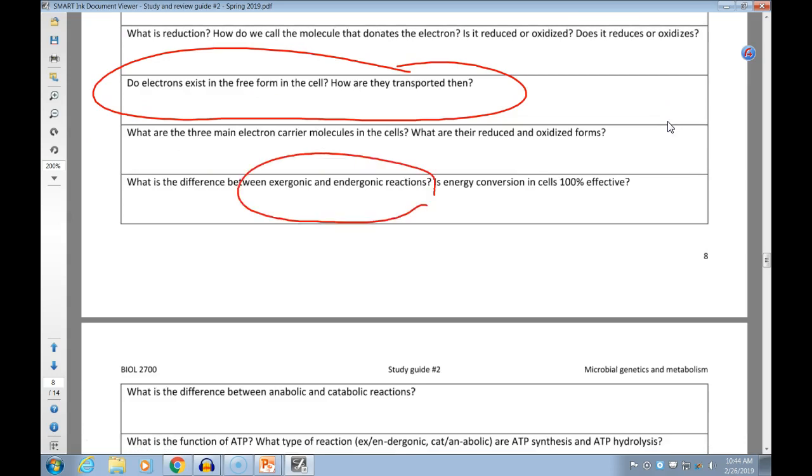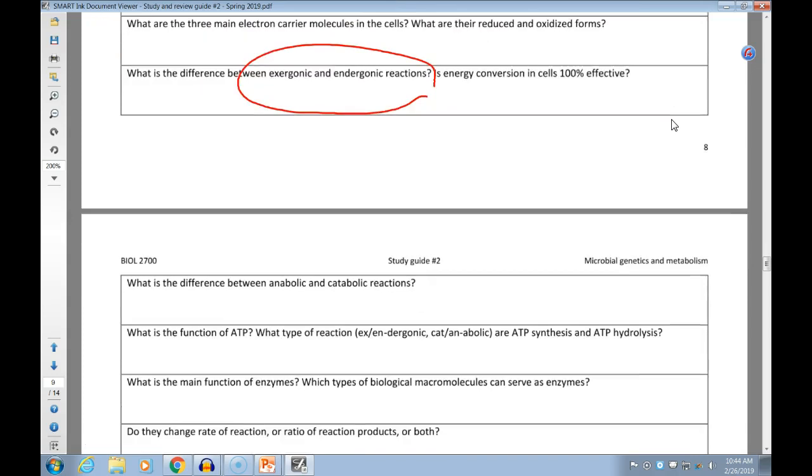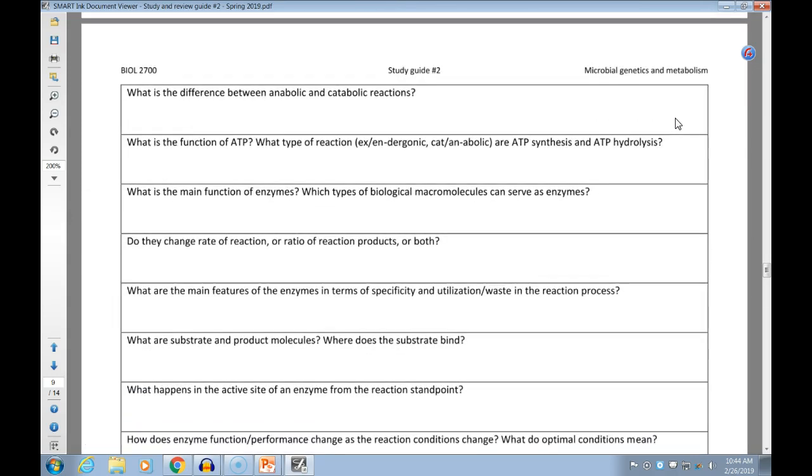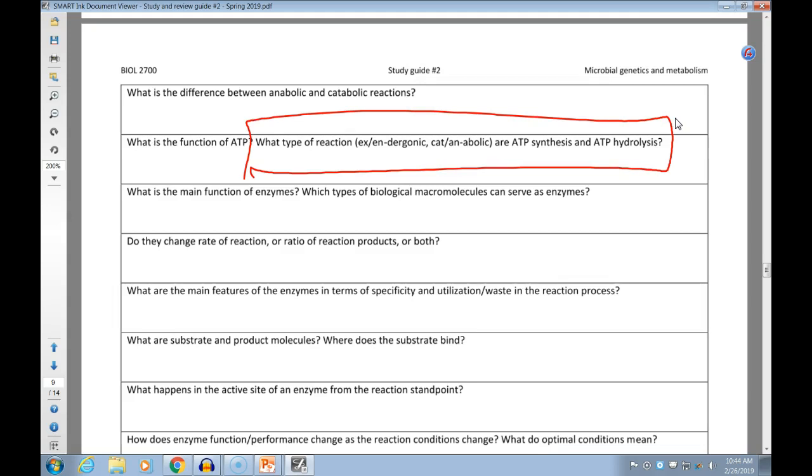Exergonic, endergonic. Exergonic releases energy, endergonic consumes energy. Anabolic, catabolic, already talked about it. Just know it: ATP synthesis is anabolic, endergonic. For enzymes, know the features: very specific and not wasted in the reaction. They increase rate but not ratio.